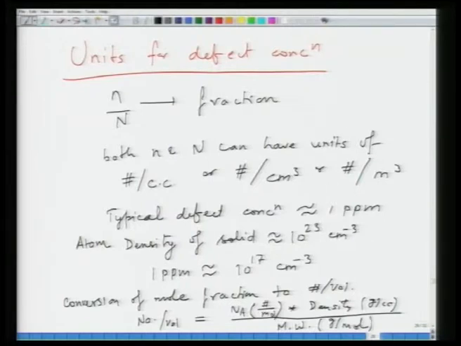So this will give you a number per unit volume. This is how you can calculate the number of formula units and the number of defects per unit volume.